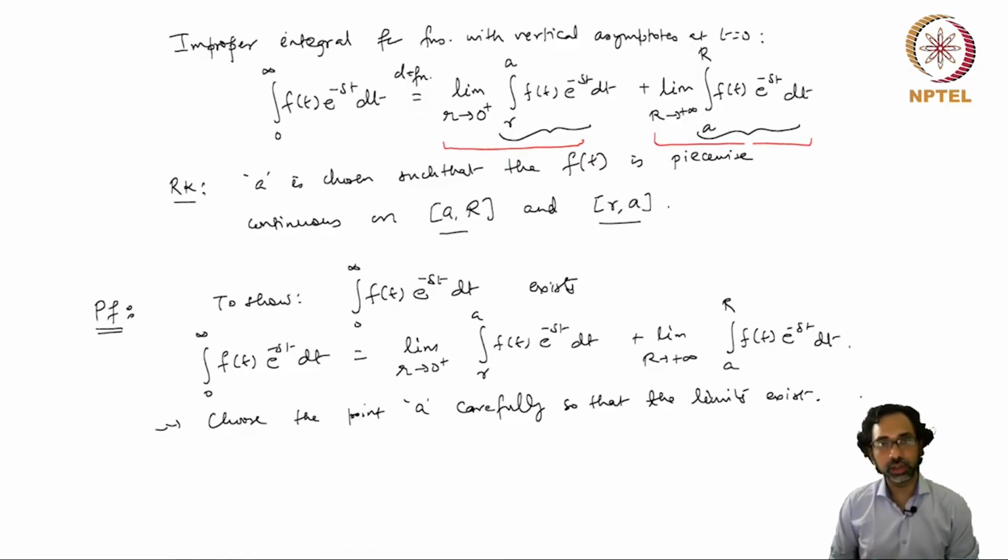For this I will use the second part of the assumption, which says that the limit as t goes to 0 plus of t to the power alpha f(t) equals 0. So this is by assumption 2.